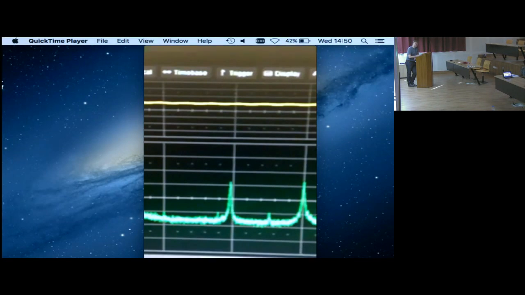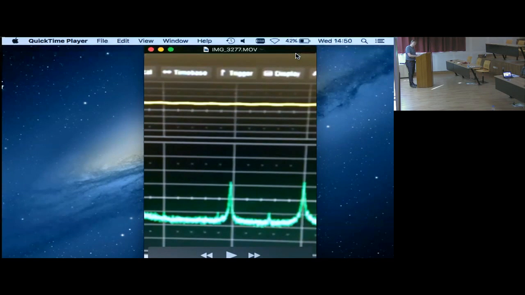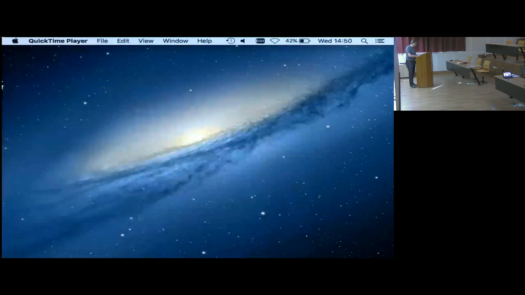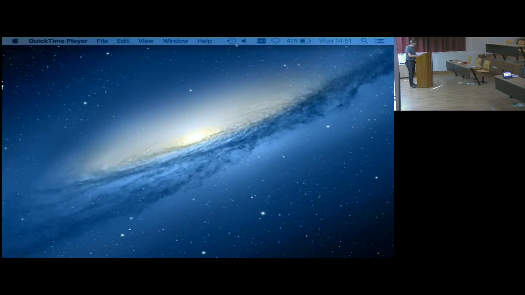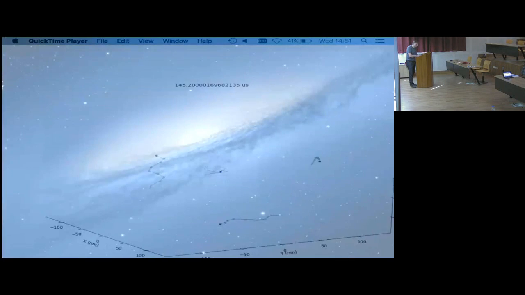Okay, so now I have another movie, lots of movies, which is again the 3D movie of the motion. Maybe before I start this, you can tell me what you expect to see.